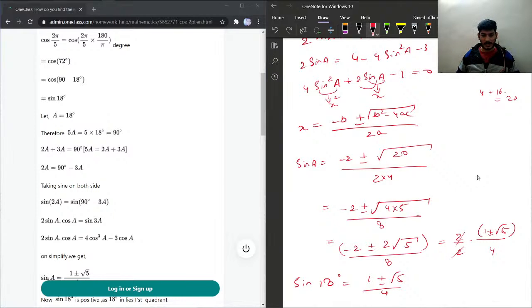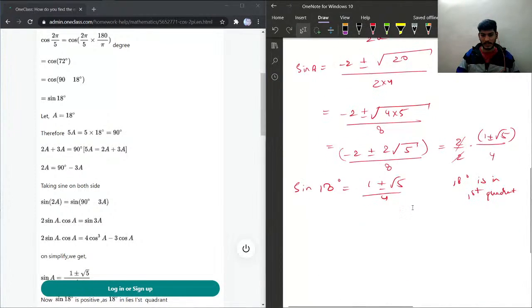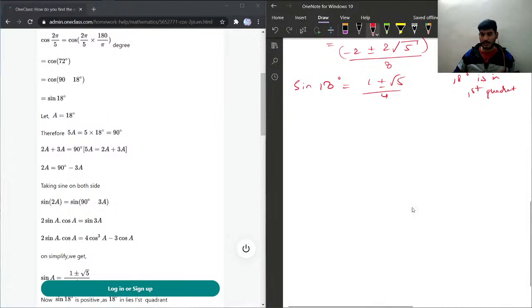Now the thing is that 18 degrees is in the first quadrant, therefore the value of sine should be positive. If square root of 4 is 2, then root 5 will be something like 2.25, and if I take the minus, then this will become negative.